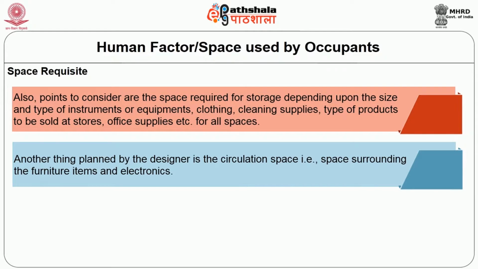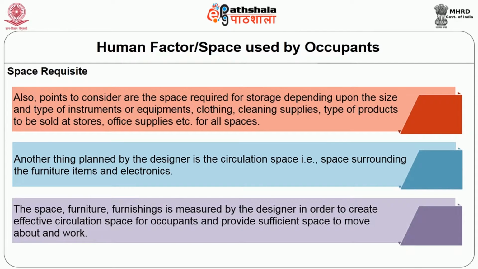Another thing planned by the designer is the circulation space, that is, space surrounding the furniture items and electronics. The space and furniture are measured by the designer in order to create effective circulation space for occupants and provide sufficient space to move about and work.